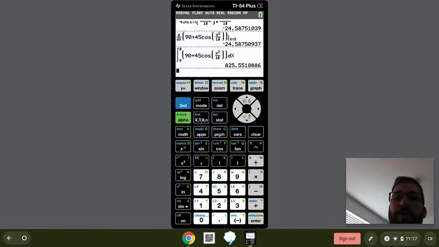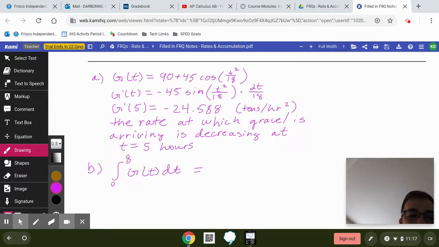And we get 825.551. And then as always, we want to make sure that we include our units because this is a real world problem. So it would be in tons.